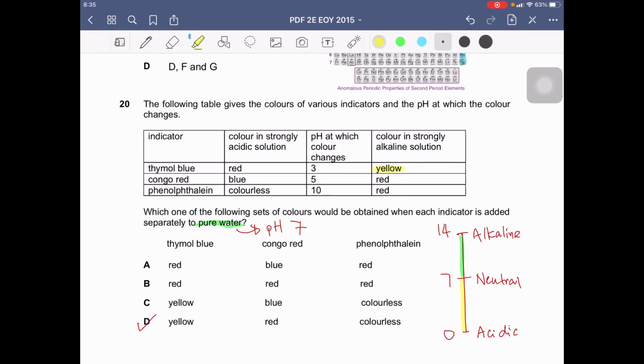For Congo red, it will change at pH value 5, so it must change to red already. It will be red. For this last compound, phenolphthalein, it is colorless, but it will change only at a pH value of 10. That means it will remain unchanged, so it must be colorless. So the only option that is correct will be D.